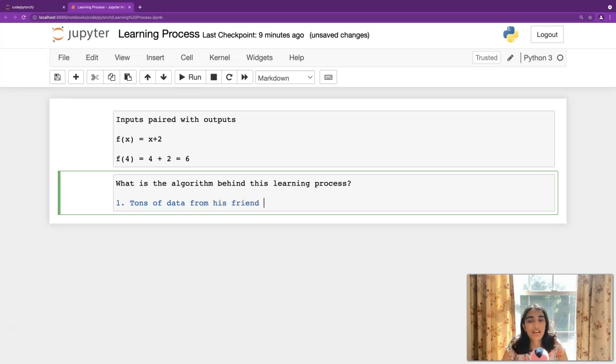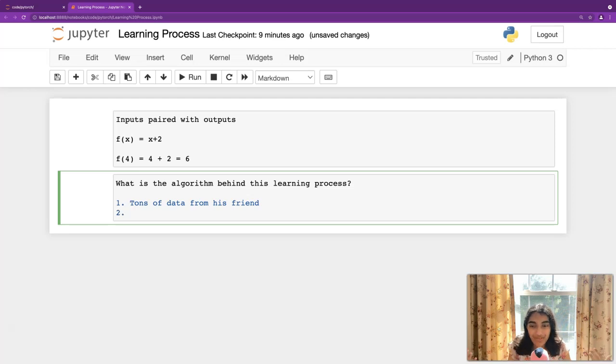It wasn't without some struggle. He had to work a lot to get this data, but he had data, just like we have data in machine learning. It's a data-driven methodology.